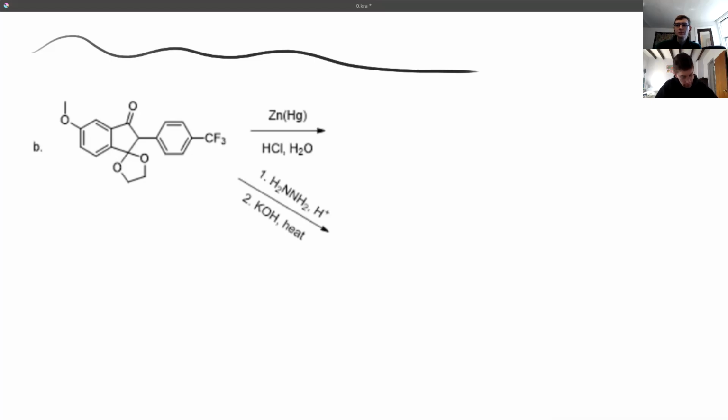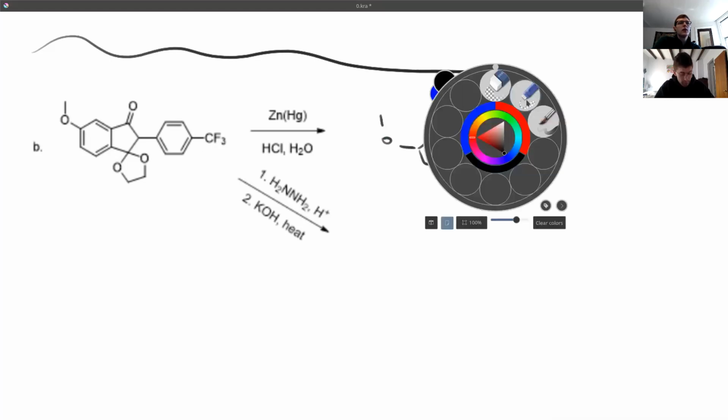So I would just redraw the compound without that ketone, without that carbonyl. For which of the two? For the topmost, the Clemmensen. I would just lose the ketone, yeah.